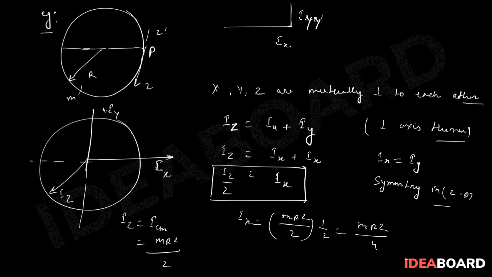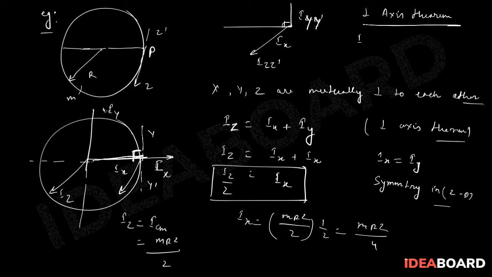Okay, so let us draw the diagram. So this is YY dash, and you can see this x is perpendicular to YY dash. Then we will achieve ZZ dash in another plane which is perpendicular to both of these. So these two are perpendicular, we can apply perpendicular axis theorem.